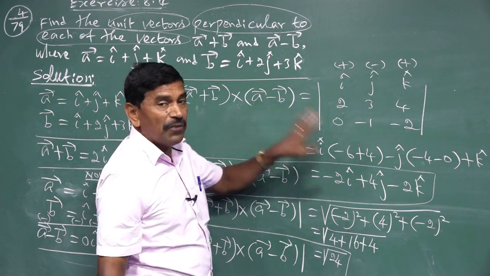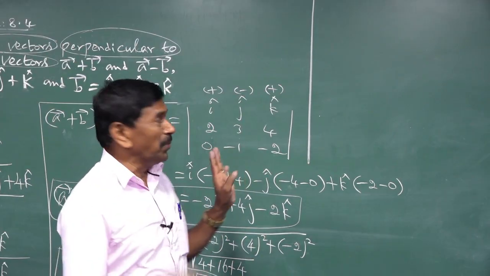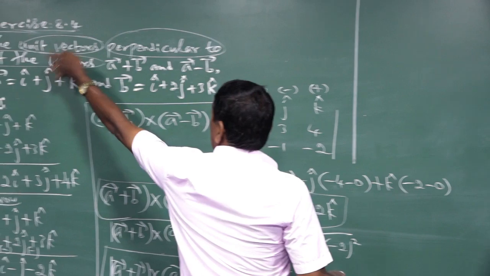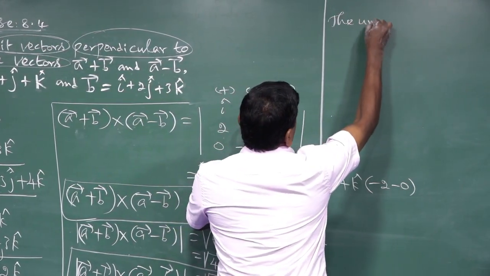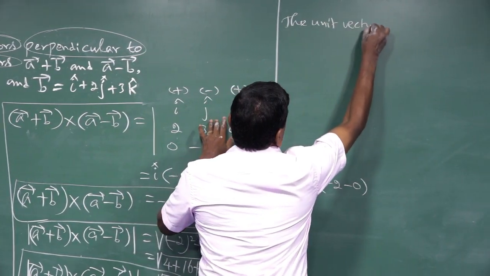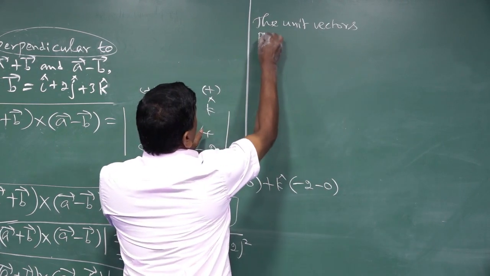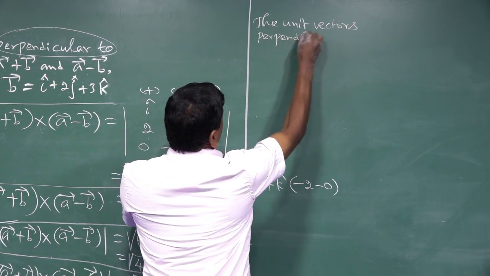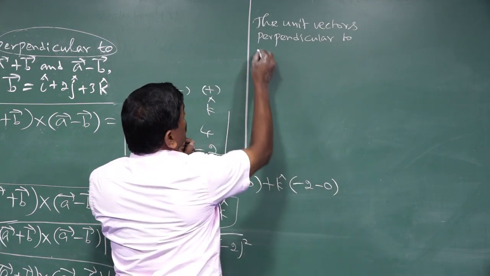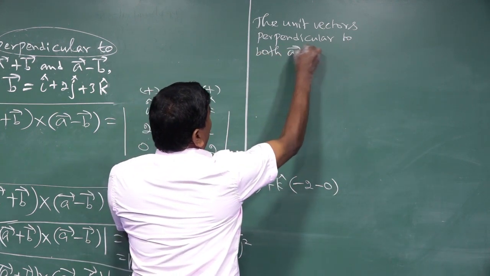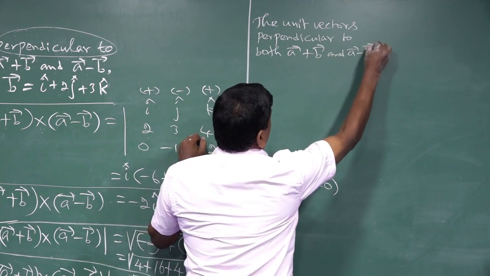Now I will write the formula, substitute, and get the answer. The unit vectors perpendicular to both a vector plus b vector and a vector minus b vector.